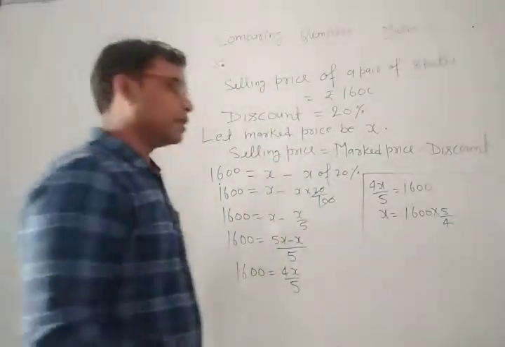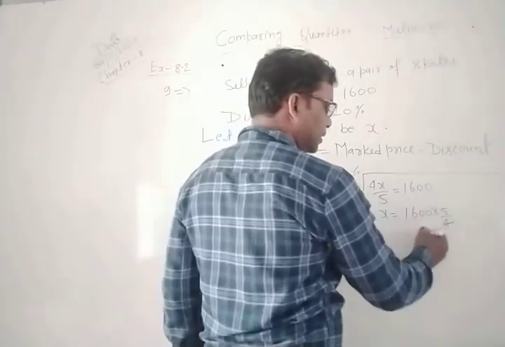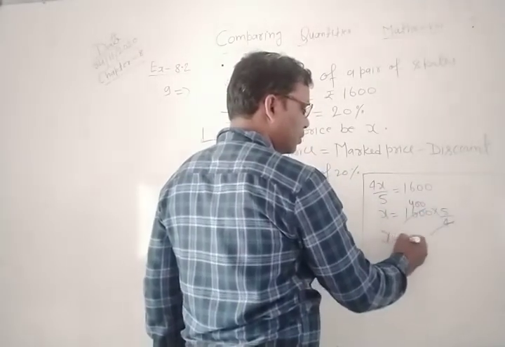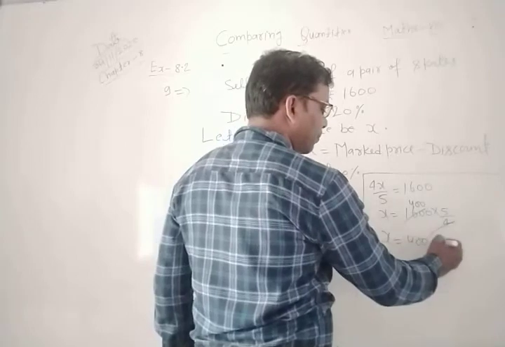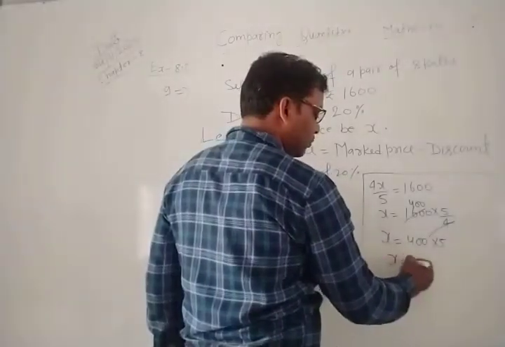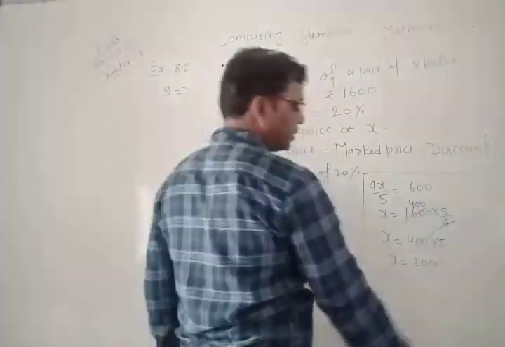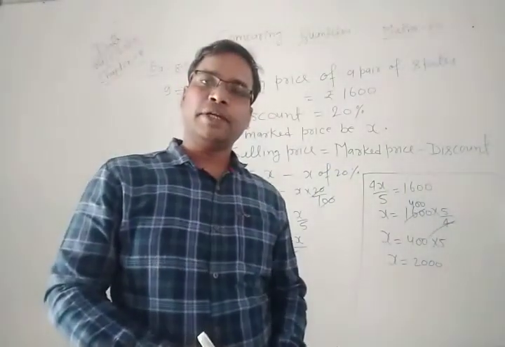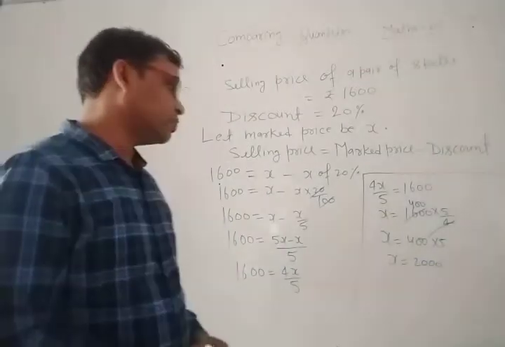Clear? So you can cancel it. Cancel 4, it will become 400. So x is equal to 400 into 5, which is 2,000. x is equal to 2,000 rupees. So what is the marked price? The marked price is 2,000 rupees.